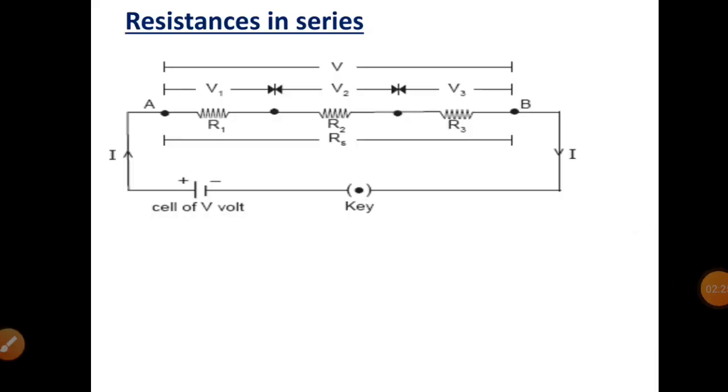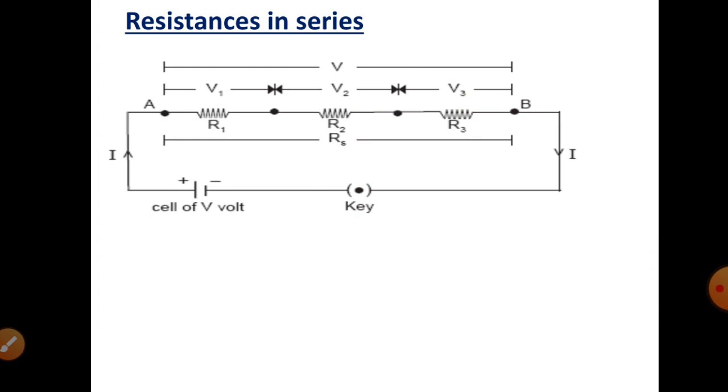The figure shows resistances R1, R2 and R3 connected in series between points A and B. Let Rs be the resultant resistance or effective resistance of this combination between A and B. A potential difference V is applied across the combination between A and B. For a series combination from A to B, there is only one path for the flow of current.